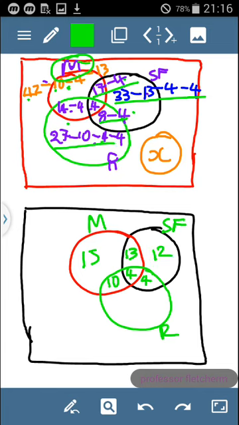And then for those romance only, so it's going to be 27, and then we subtract 10 and 4 and 4, so we subtract 18 altogether, so we get 9 here. So overall, this is how our Venn diagram will look like.